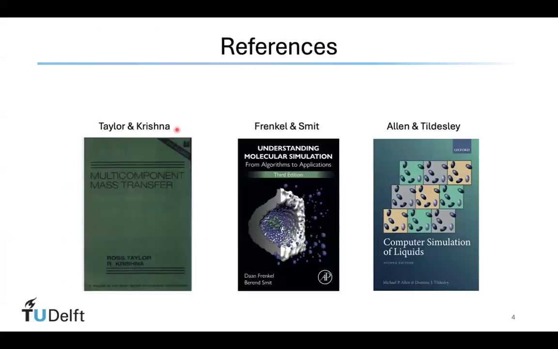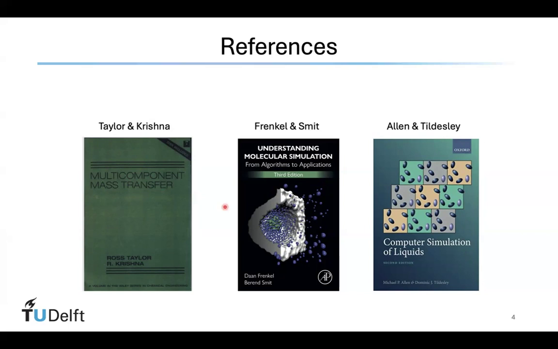The key references for today's lecture are the textbook by Taylor and Krishna called Multi-Component Mass Transfer. This book comprehensively deals with all the types of multi-component mass transfer, specifically the Maxwell-Stefan diffusion coefficients and the Fick diffusion coefficients and the relation between them.